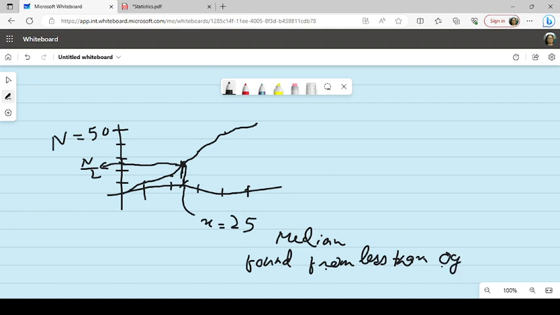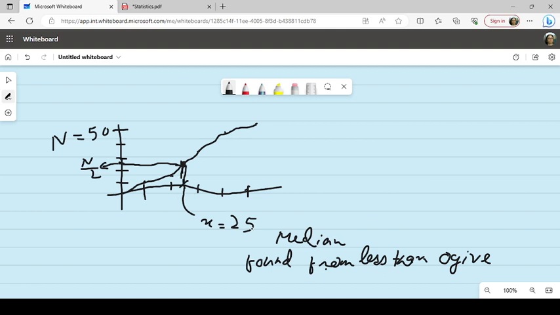So this is the process of drawing the ogive and finding the median from it. The cumulative frequencies go on this vertical axis, and the x values are on this horizontal line.